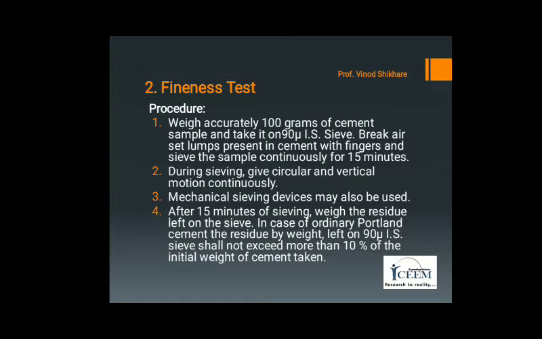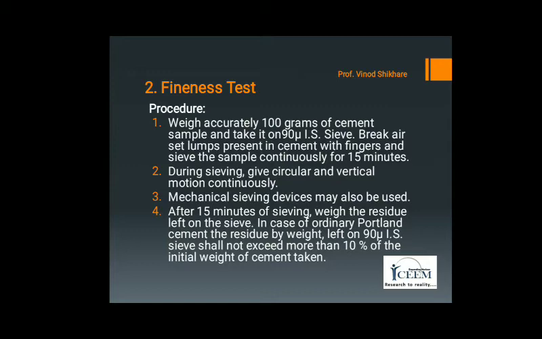In the sieve test, 100 grams of cement is taken and continuously passed for 15 minutes through standard sieve number 9. The size of sieve number 9 is 90 micron. The residue is then weighed, and this weight should not be more than 10% of the original weight of the OPC sample.